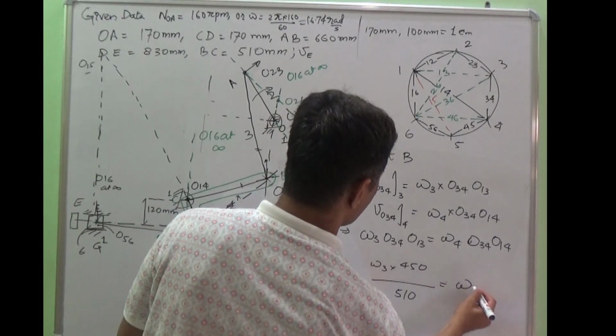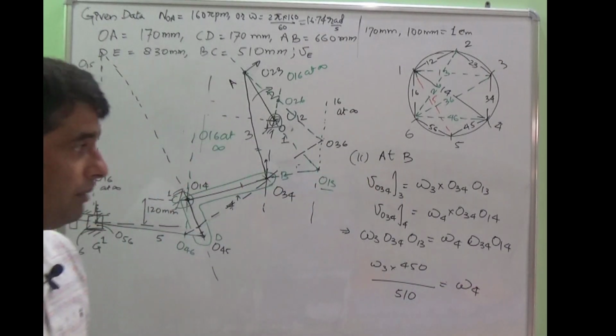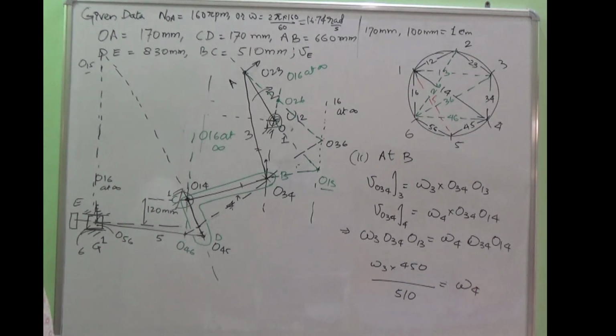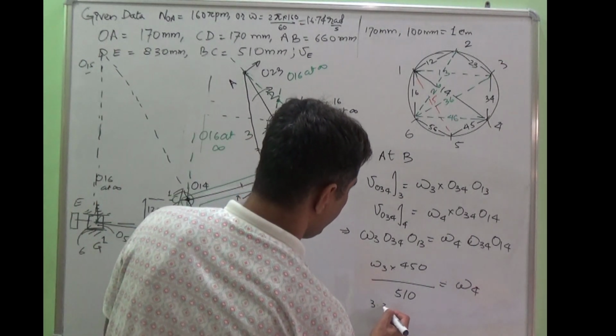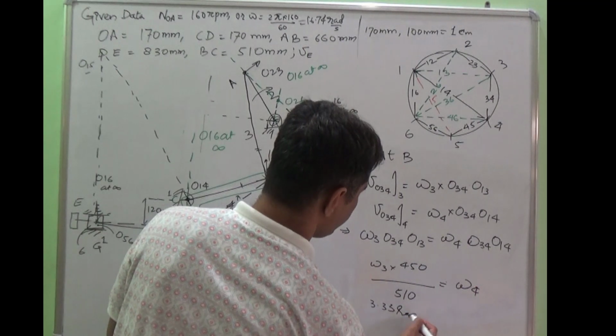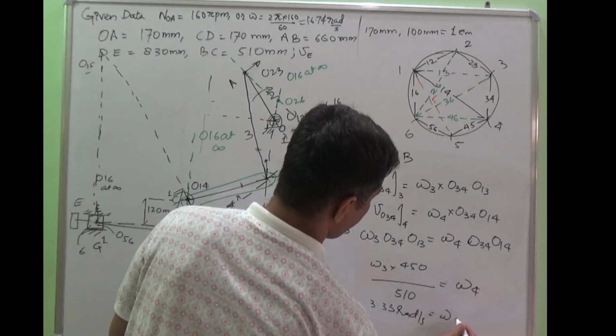So that is nothing but omega 4. Omega 3 we have estimated, omega 3 is 3.74. Now you substitute that value, so you will get 3.33 radian per second. That is omega 4.